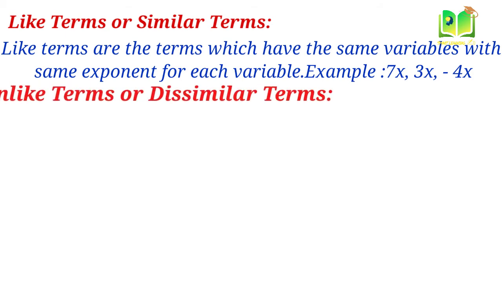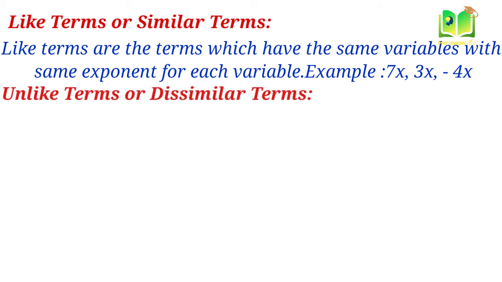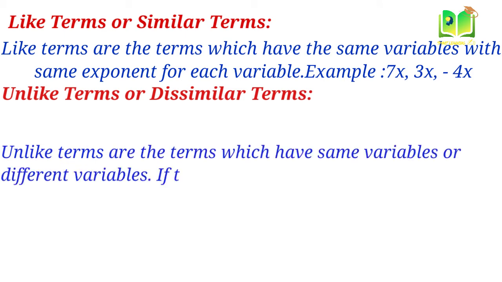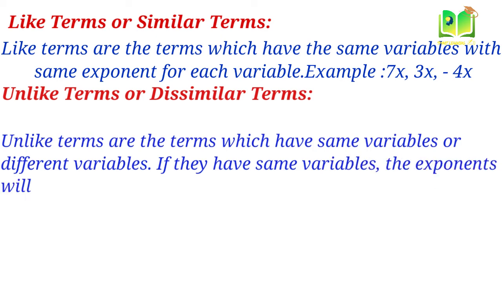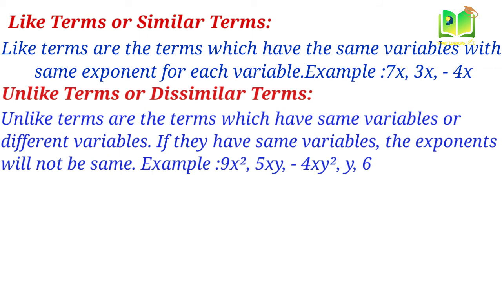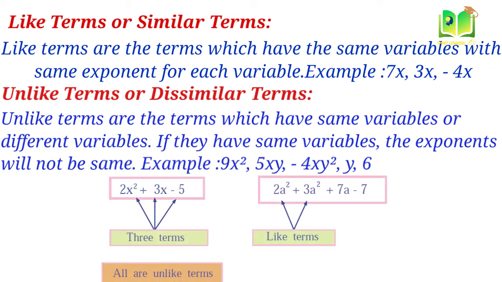Now we will discuss the unlike terms. Unlike terms are the terms which have different variables, or the same variables with different exponents. See a few examples, 9x square and 5xy. Here the variables are different. But if you consider 5xy and minus 4xy square, here the variables are the same, but you can see the power or exponent of y is different in both cases.